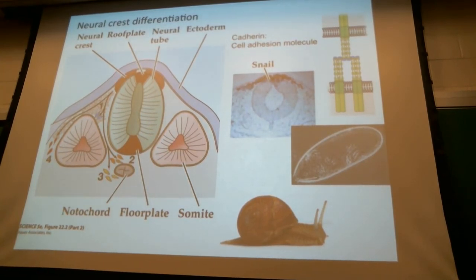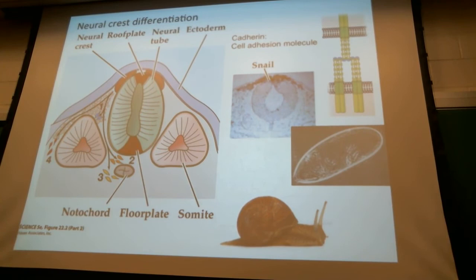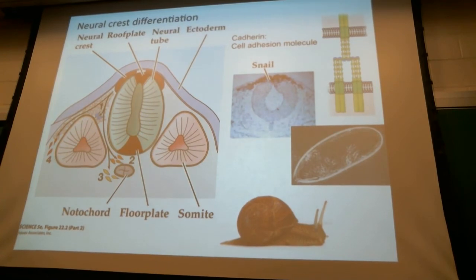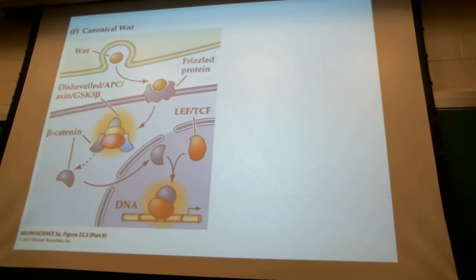So we've been looking at two morphogens, BMP and sonic hedgehog, and there are other important morphogens I would like to mention. One of them is Wnt. So Wnt binds to a receptor called frizzled, and then it sends a signal to this protein complex.